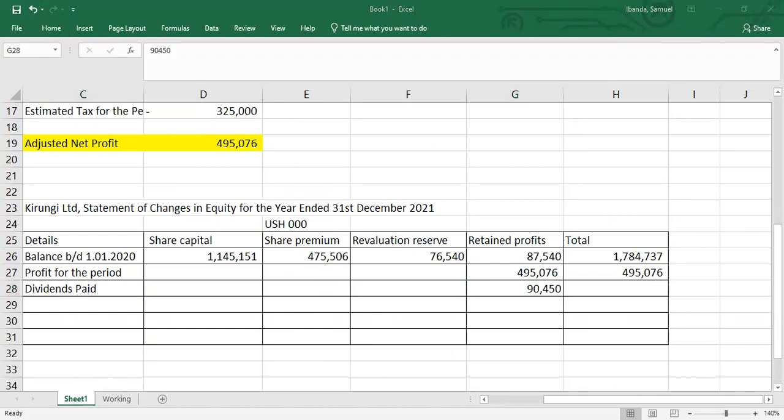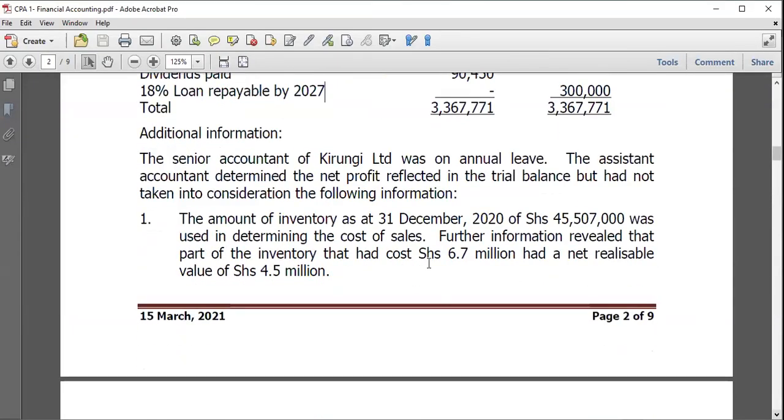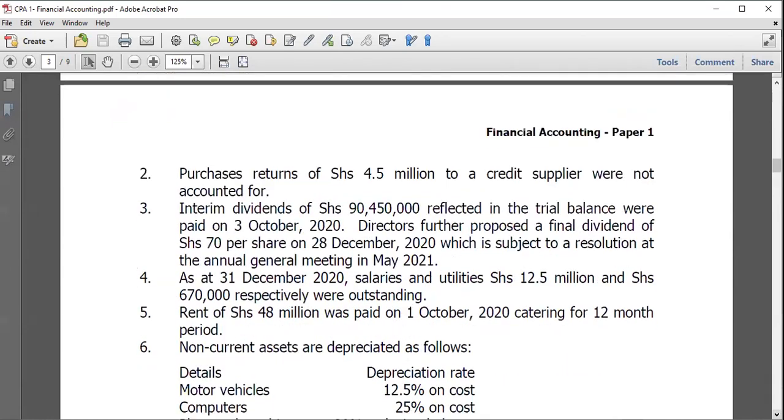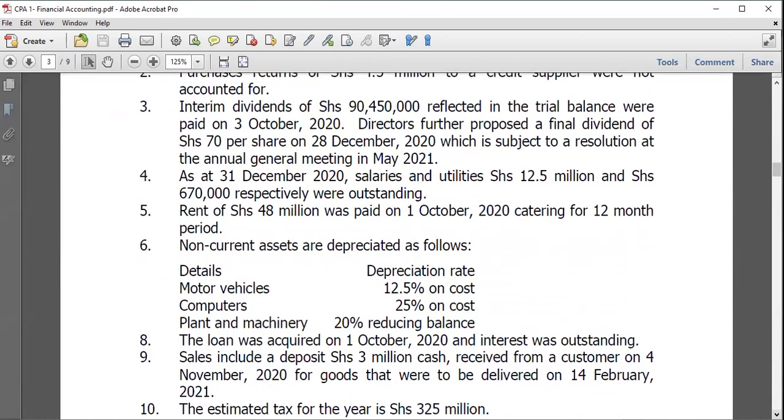Now, the additional information also had something to do with proposed dividends. They had told us something here. Where? They told us that interim dividends reflecting in the trial balance were paid.